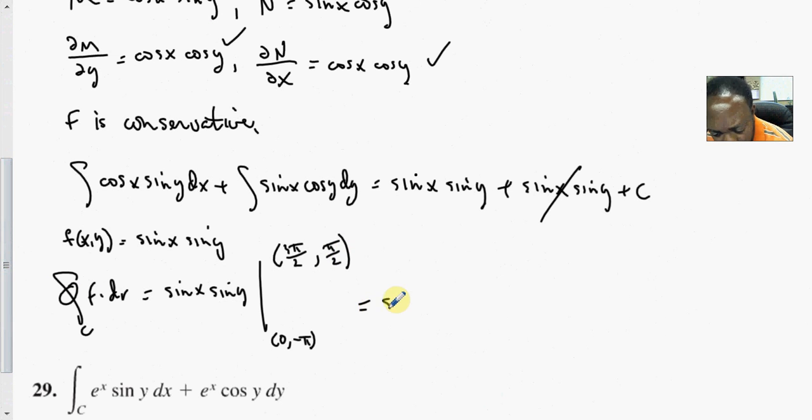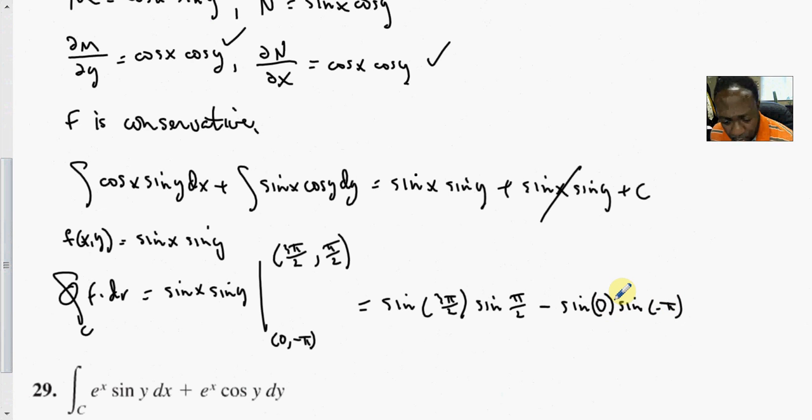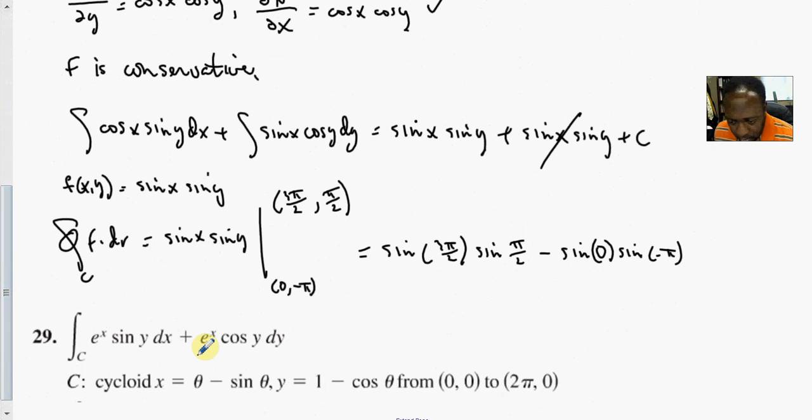So this becomes sine of 3 pi over 2 times sine of pi over 2 minus sine of 0 times sine of negative pi. That's 0 right there. And so sine of 3 pi over 2 is negative 1 times sine of pi over 2 is 1, then minus 0. So you just get negative 1.